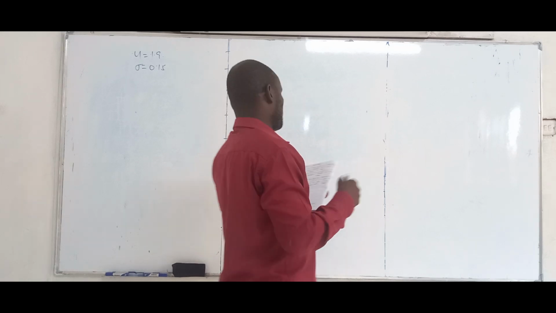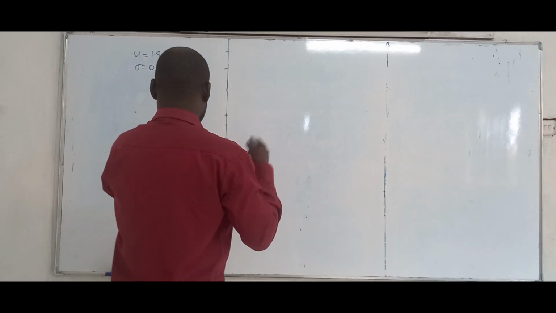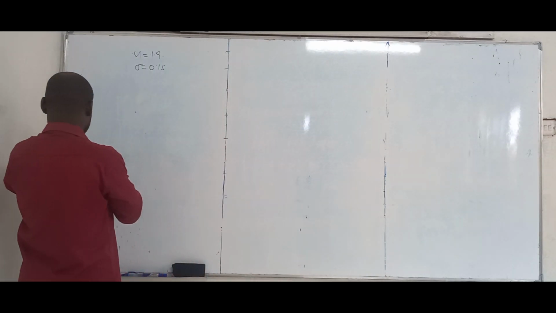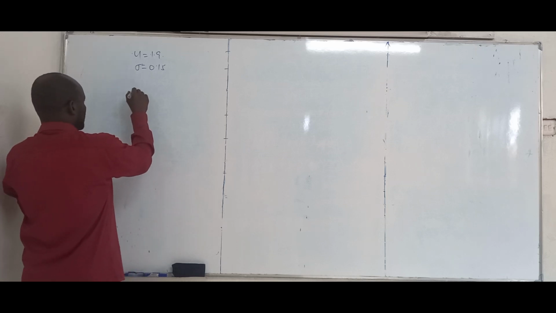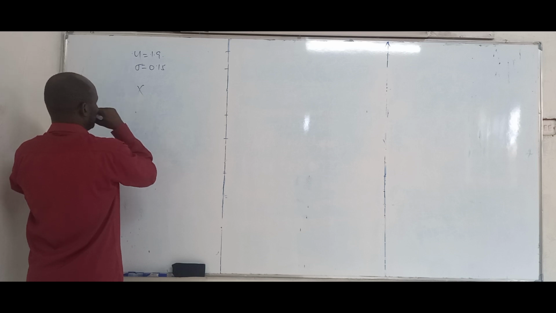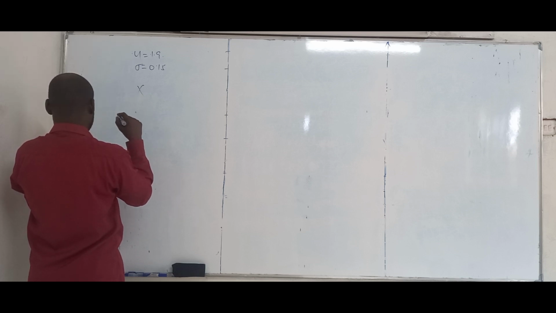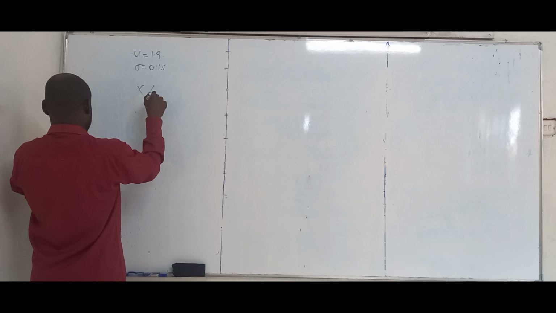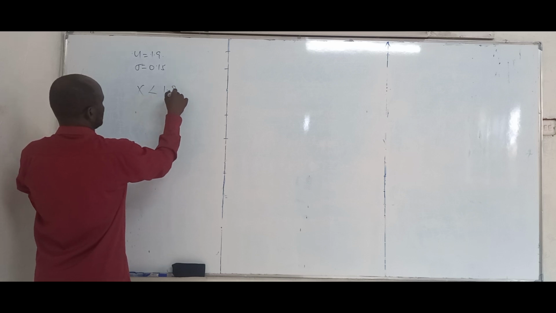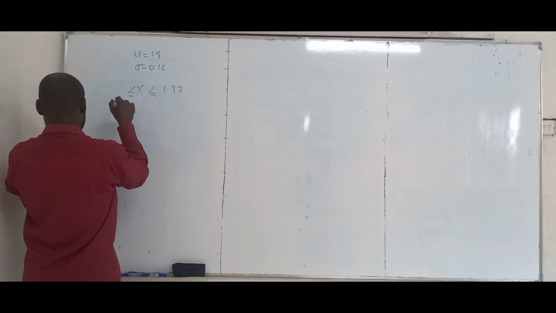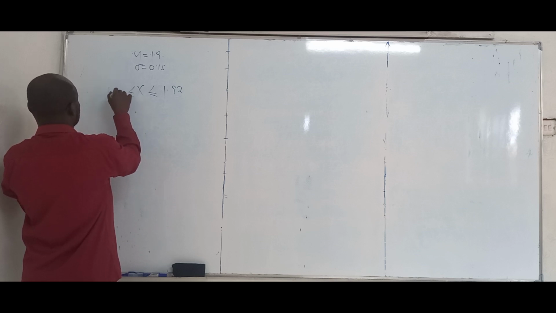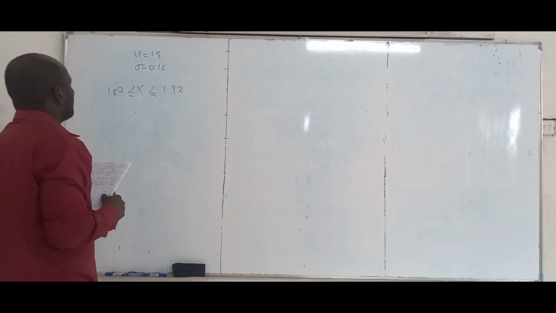The first Z value is where, because we are told that all four have pressure, if pressure is X, then we are asked to find that it lies between 1.82 and 1.92.